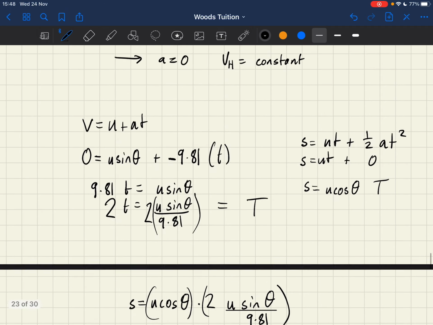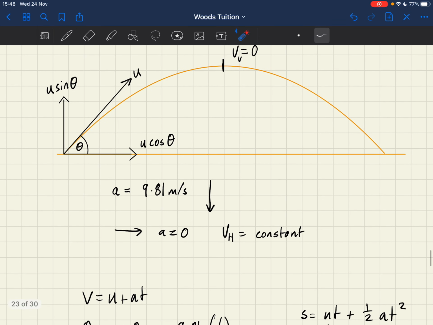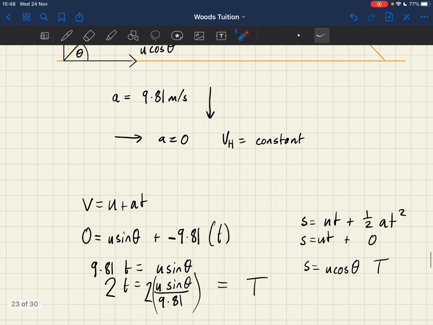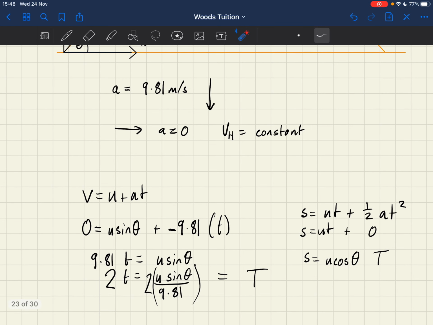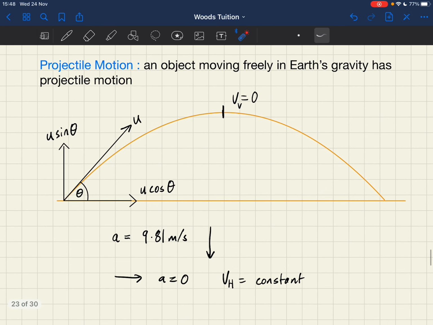Essentially, I haven't used any real numbers here apart from for acceleration, but you're able to use formulas and just general logic, looking at the equations of motion and thinking, right, there's a vertical component of acceleration, but there's no horizontal component.